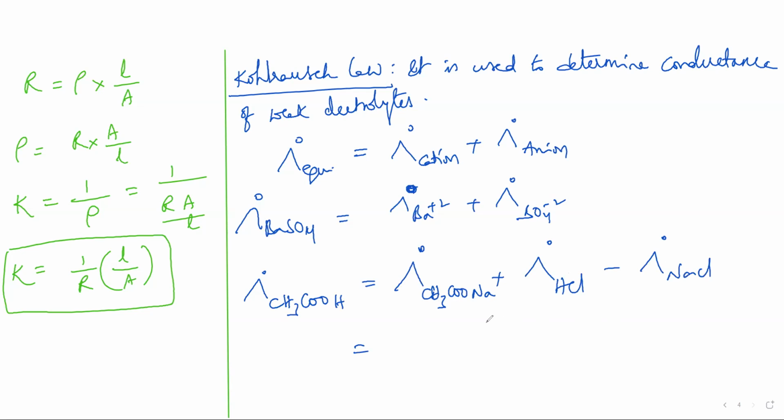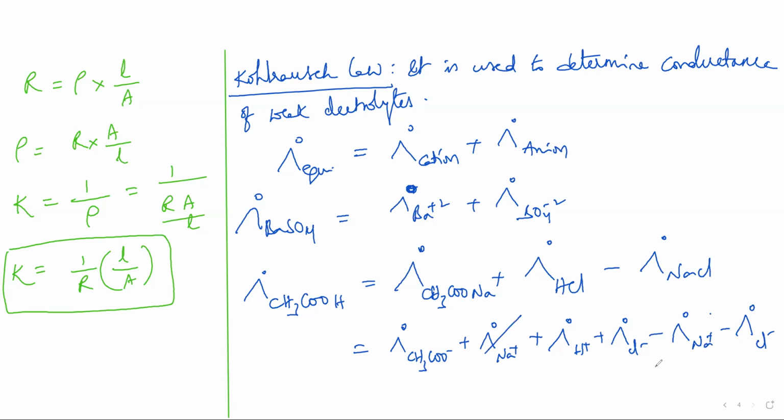Now, these are all strong electrolytes. These strong electrolytes dissociate into ions: lambda naught of CH3COO minus plus lambda naught of Na plus, plus lambda naught of H plus plus lambda naught of Cl minus, minus lambda naught of Na plus minus lambda naught of Cl minus. Then what is remaining?